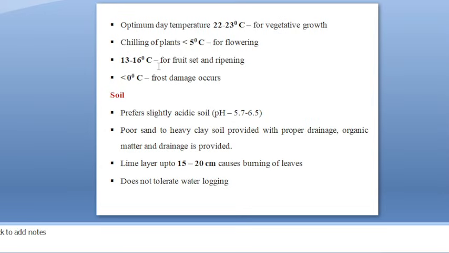And like other temperate fruit crops, as I have discussed in apple, strawberry requires chilling hours or chilling requirements for its growth and development.